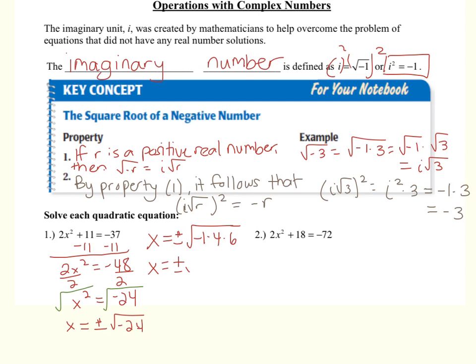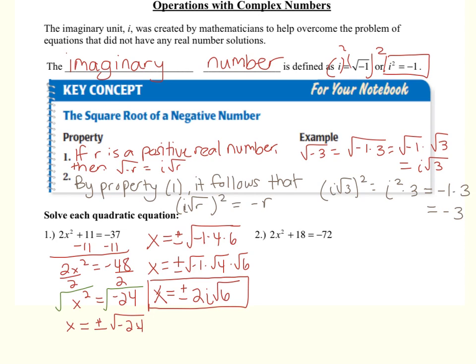So we'll have plus or minus the square root of negative 1 times the square root of 4 times the square root of 6. We'll use the product property. Okay, so the square root of 4 is 2. The square root of negative 1 is the imaginary number. And then we have our square root of 6 since it doesn't come out evenly. So those would be our two solutions to that problem.